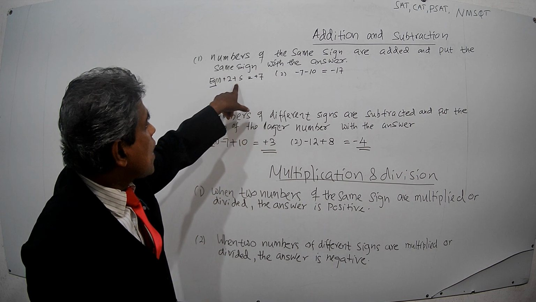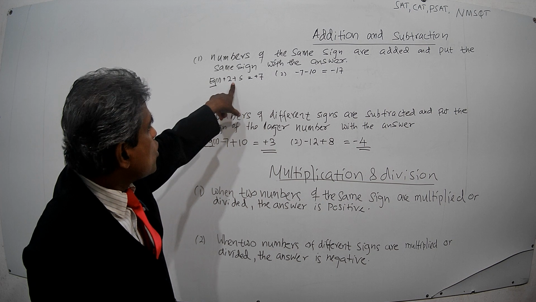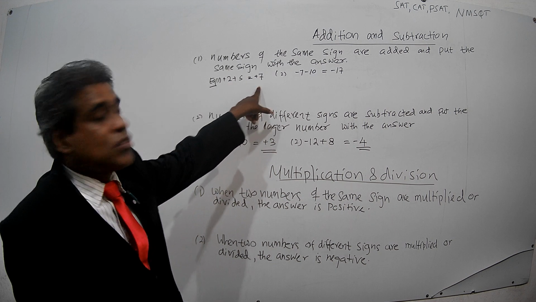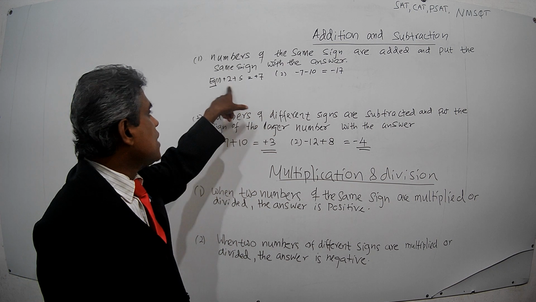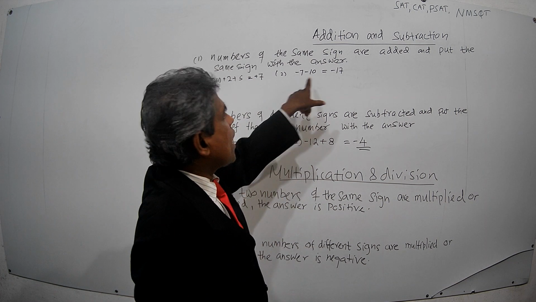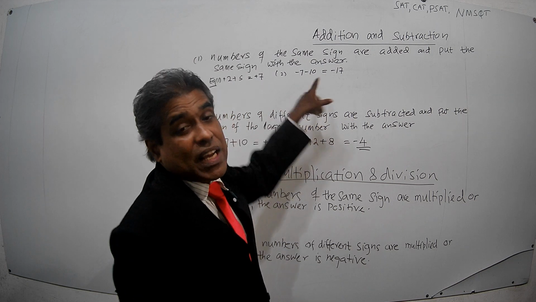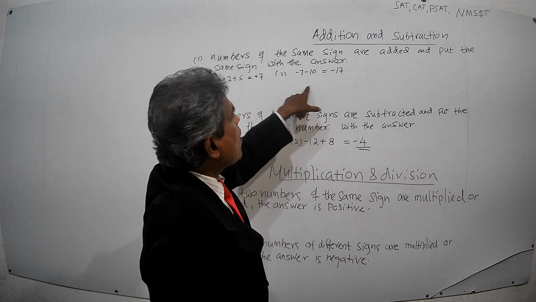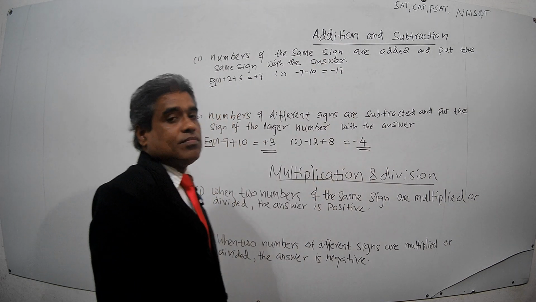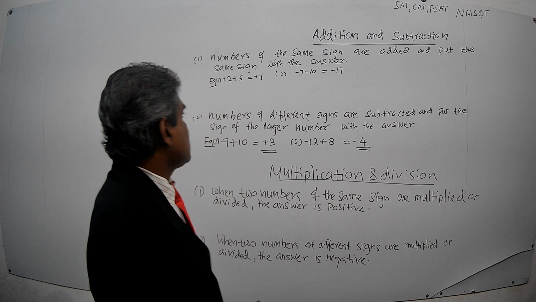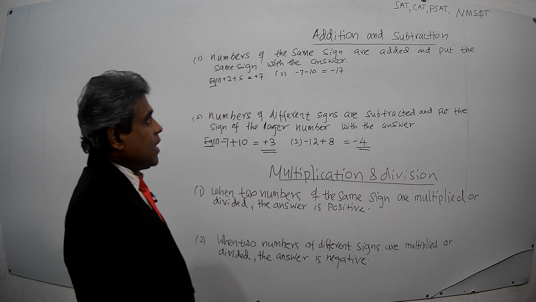Here the same sign is positive, positive, therefore the same sign is plus. Add the two numbers and put the same sign, that is plus. In this case, there are two numbers, both negative. Both have the same sign, that is negative. Then you add these two numbers according to the rule and put that same negative sign here. That's all. That is the first rule.